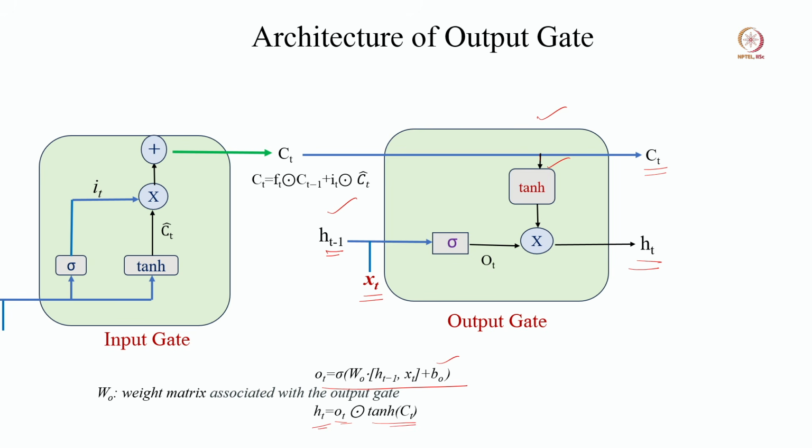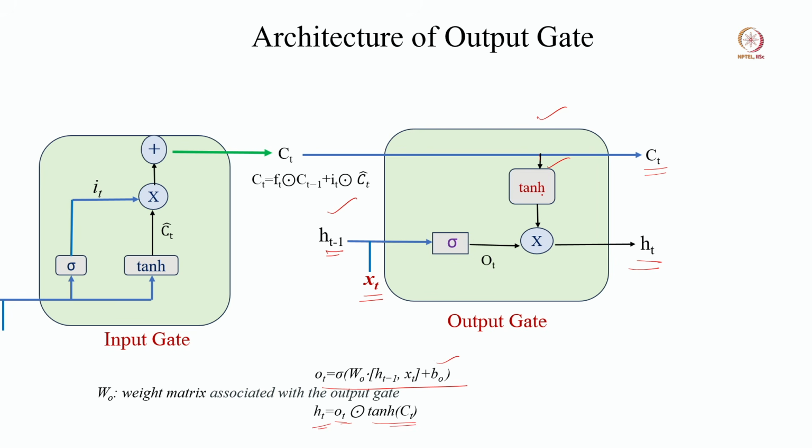So we can see how the output gate is connected with the input gate, and how it is taking Ct from the input gate, passing it through the tanh activation function, multiplying it element-wise with the output Ot, and then giving the hidden state value.